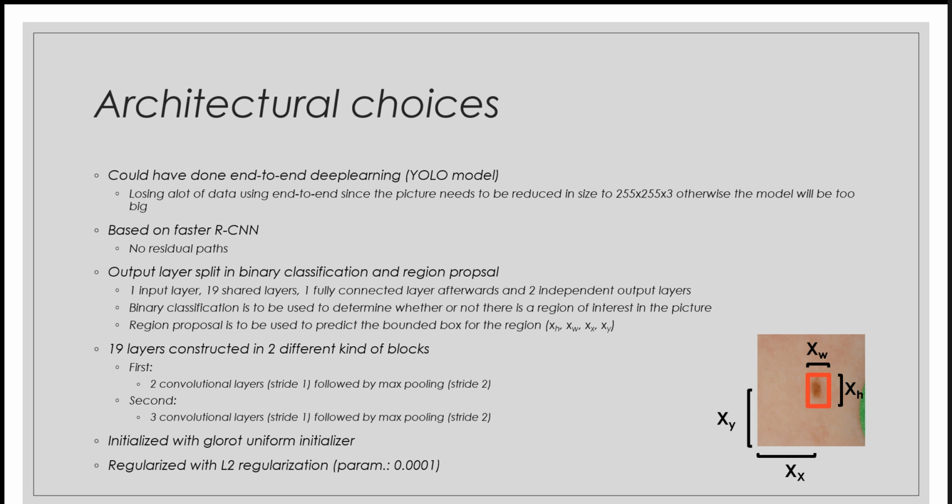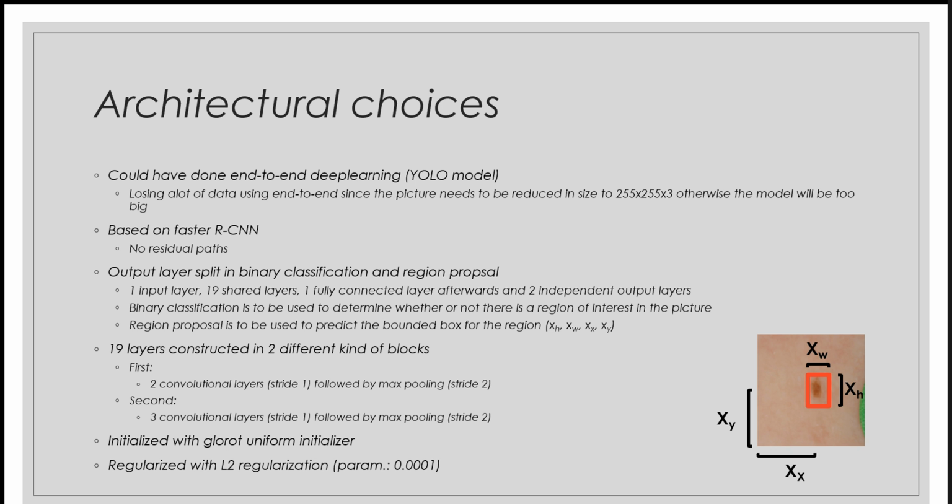I use Glorot uniform initializer, and then I regularize with the L2 regularization. So I did do something to prevent overfitting, instead of using residual paths for vanishing and exploding gradients in this.